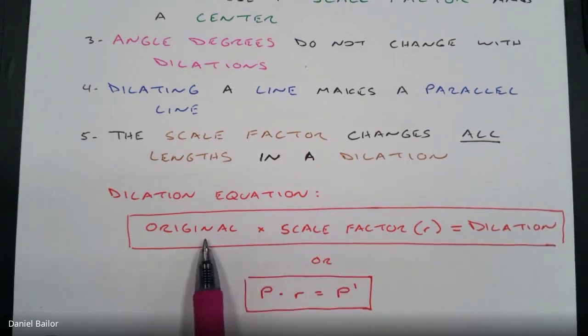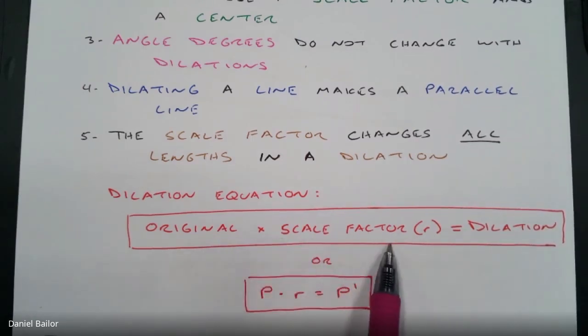So the original times the scale factor makes the dilation. You can also write it in symbols, where we have the figure P times r equals P prime. So P prime is made by doing the original times the scale factor. And that works for all measurements.